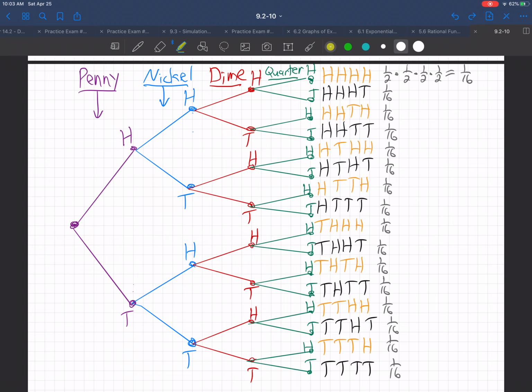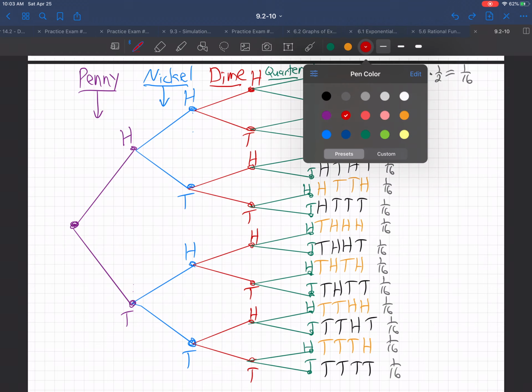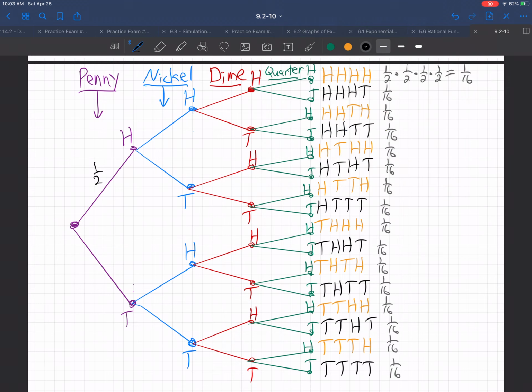One thing I did skip is that the diagram just got too cluttered. I should have written a half on each of these branches, because the chance of flipping a head or a tail on any of these coins is a half. So really there should have been halves written on all these branches.